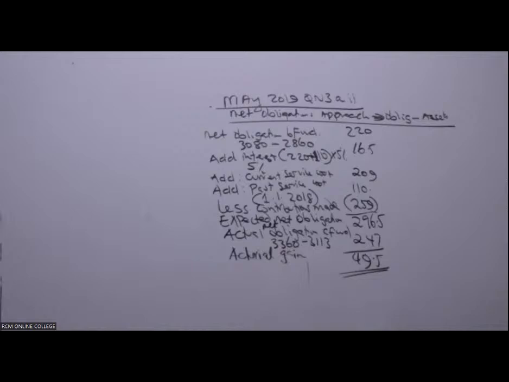This is May 2019, but now using method 2, where we do the plan assets by the side, and plan obligations by the side separately. We don't combine.